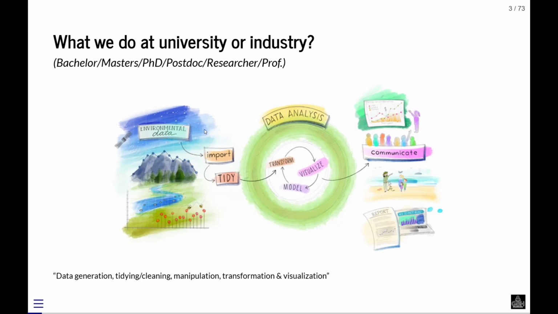And all of the data we need to analyze either by software like R or Python or Stata and so on. So we basically import our data into that programming language, and then we start organizing our data, which is called tidying. And after that, we start doing transformation.